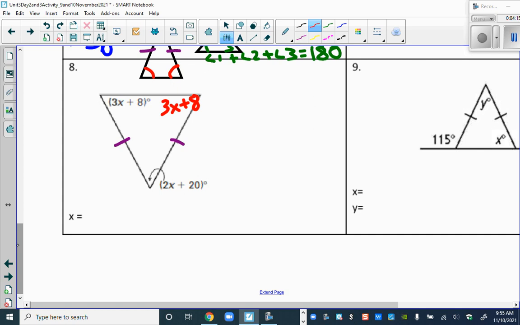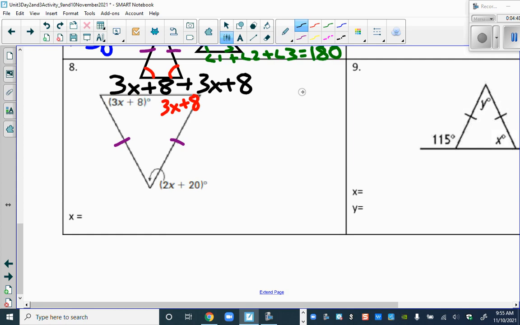Now, the other part that we talked about, what must the sum of all 3 of your angles add up to be? What's the magic number? 180. So basically, your first 3x plus 8, so this you really need to write down, plus your second 3x plus 8, because these 2 angles are congruent.